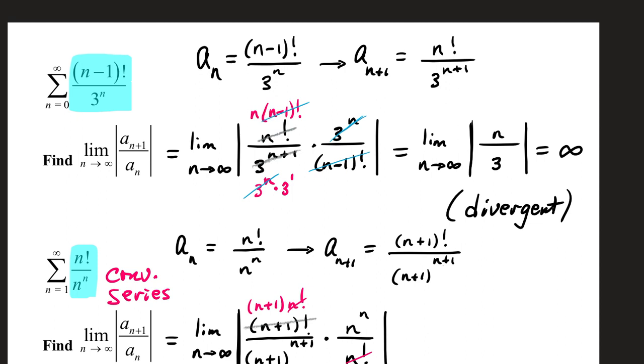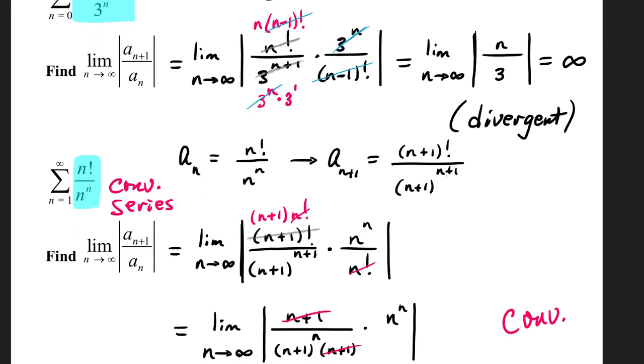Those (n minus 1) factorials will cancel. 3 to the n plus 1 power can be written as 3 to the n times 3 to the 1. 3 to the n's will cancel. The terms that didn't cancel are this n and that 3. So we have the limit as n goes to infinity of n over 3, which is going to go to infinity. And that's divergent.